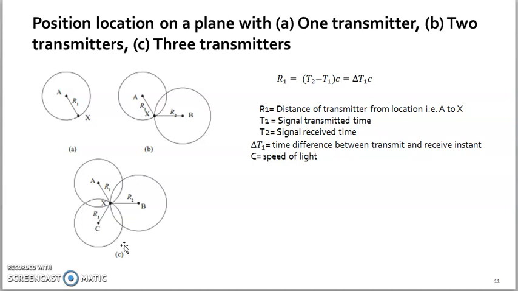Now if you see here, we can find out the range equations, but we can see here that if we have the three transmitters there, that is A, B and C, we can identify the locations R1, R2 and R3 there because of this particular circle.